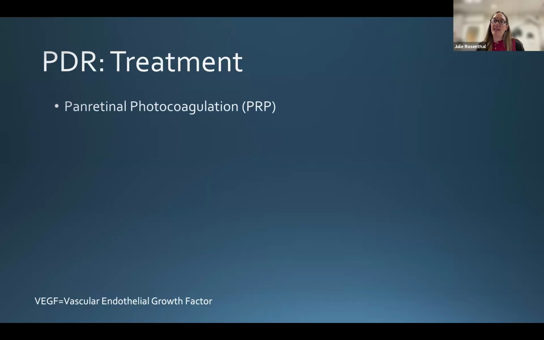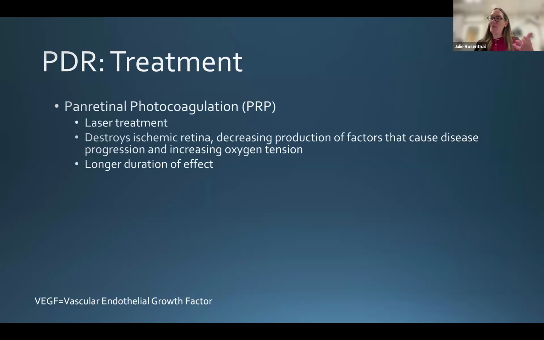So the mainstay of treatment, you'll see PRP in our notes, stands for pan-retinal photocoagulation, basically lasering all over the retina, all around the periphery of the retina, lasering the heck out of that retina. Its purpose is that it destroys the retina that's ischemic. It decreases the production of factors that cause disease progression, and it increases oxygen tension.